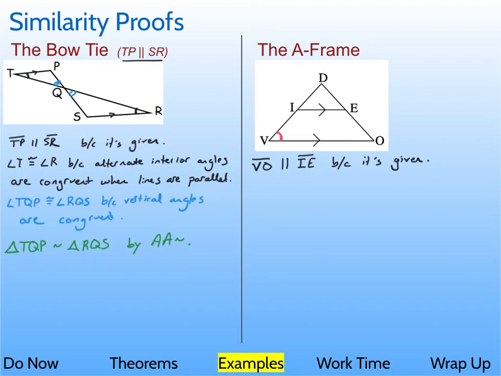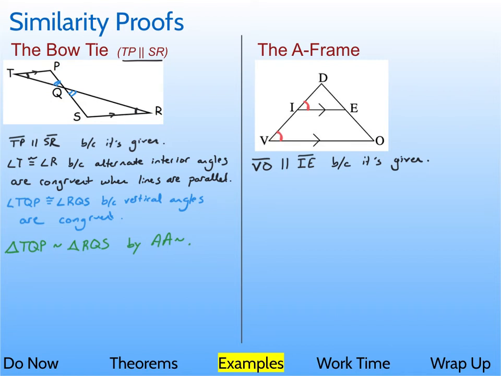This angle right here, so like angle V and angle DIE, those are corresponding angles. And as long as these lines right here are parallel, the corresponding angles have to be congruent. So you can use that angle and that angle, or if you want to, you could use this angle and this angle. I'll just pick these. You can honestly use both and do angle, angle, and then everything's fine.